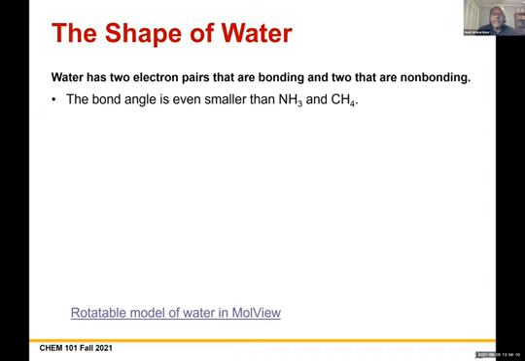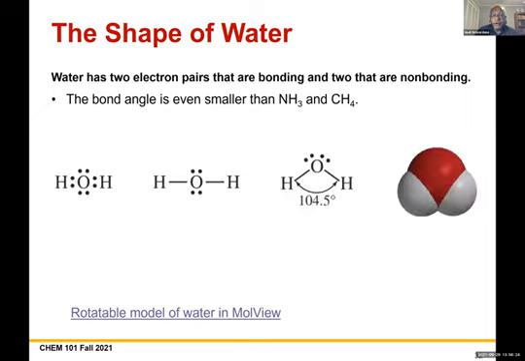Bond angles, according to VSEPR theory: ammonia has 107, methane has 109. If you look at water, when you write down the Lewis structure of water, the central atom decides the molecular shape and bond angles.